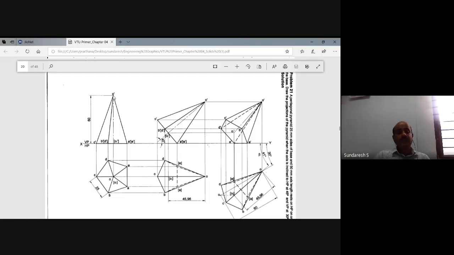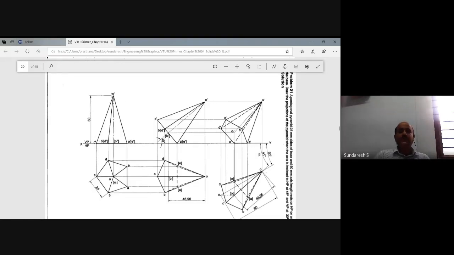So measure 60 or 50 millimeters and draw the vertical line. Then from each point on the XY line, marked as A dash, B dash, C dash, D dash, E dash, you join the projectors to the apex, which is O dash. This constitutes the slant edges. This will complete the front view of a pentagonal based pyramid.